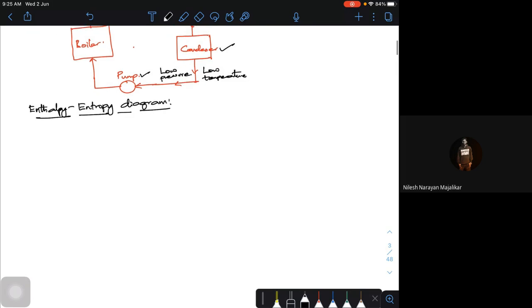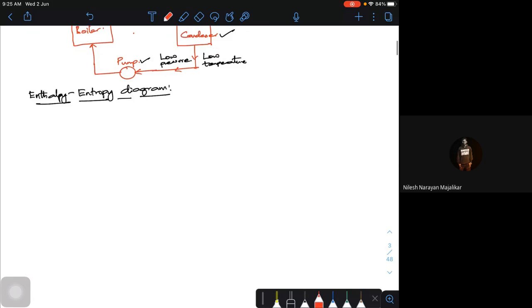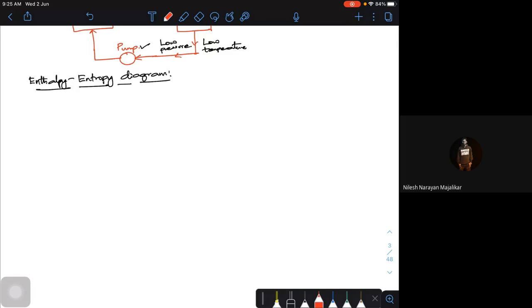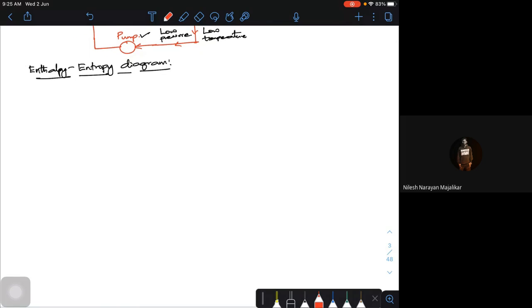What is it actually? It's an HS diagram, okay, which you might have studied in your undergraduate course, where enthalpy is on the y-axis and you have your entropy on the x-axis. So this is for a steam turbine, maybe for a pure substance, you might have studied.